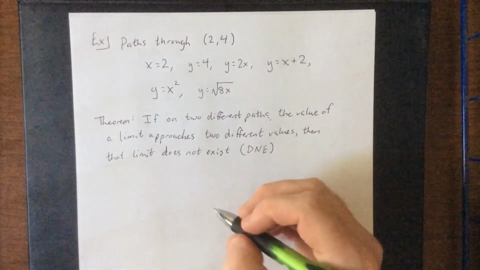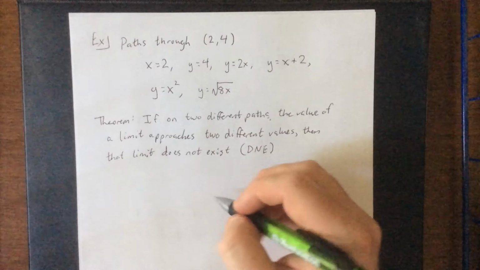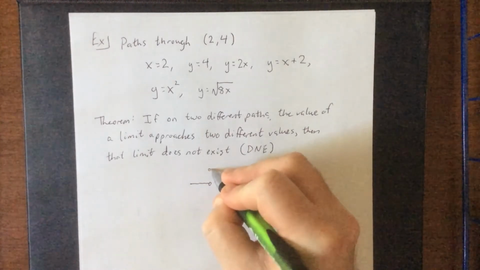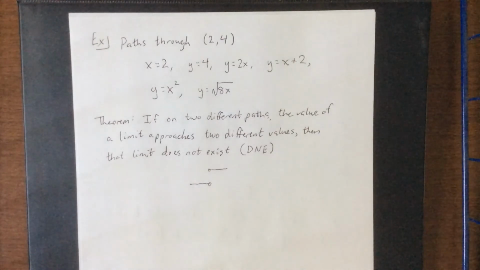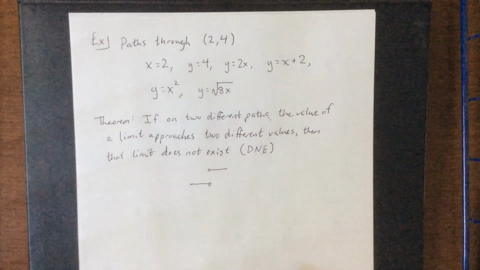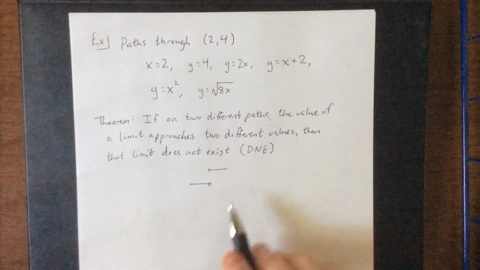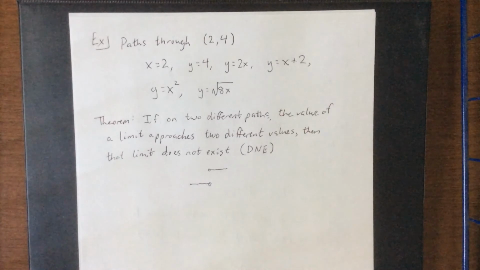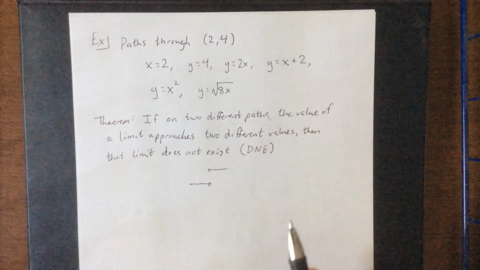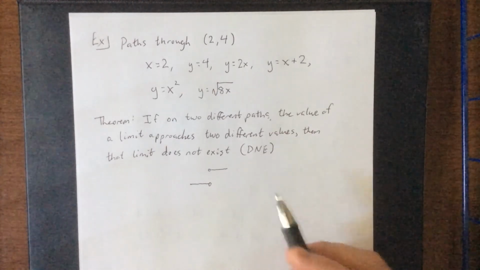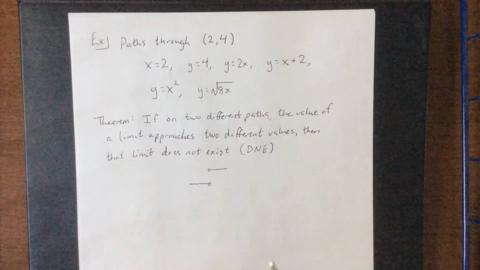It's sort of like back when you had access to a function, if it was a different function value from the left as from the right, that was also a case where it does not exist. The difference is we're just looking for two different paths. You only had two paths, from the left and from the right, when we were dealing with limits back in Calc 1. Now, what this does not mean is that if you test 10 different paths and you get the exact same value on every single path, that the limit does exist.